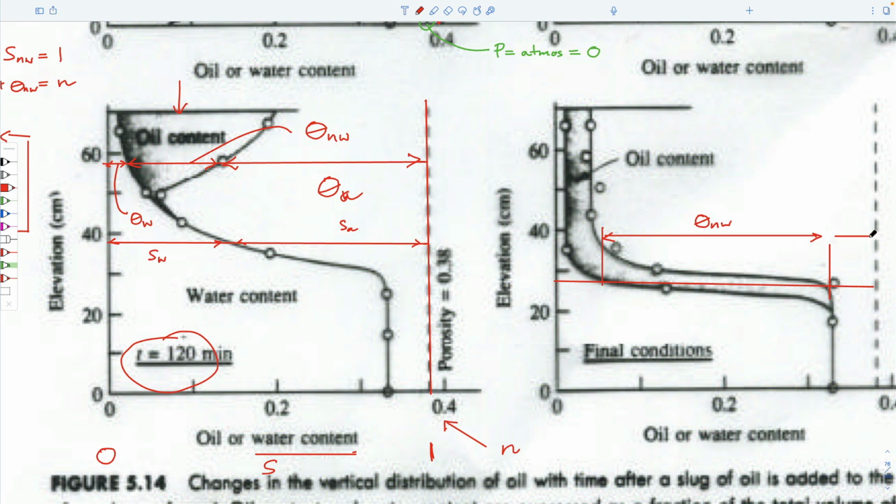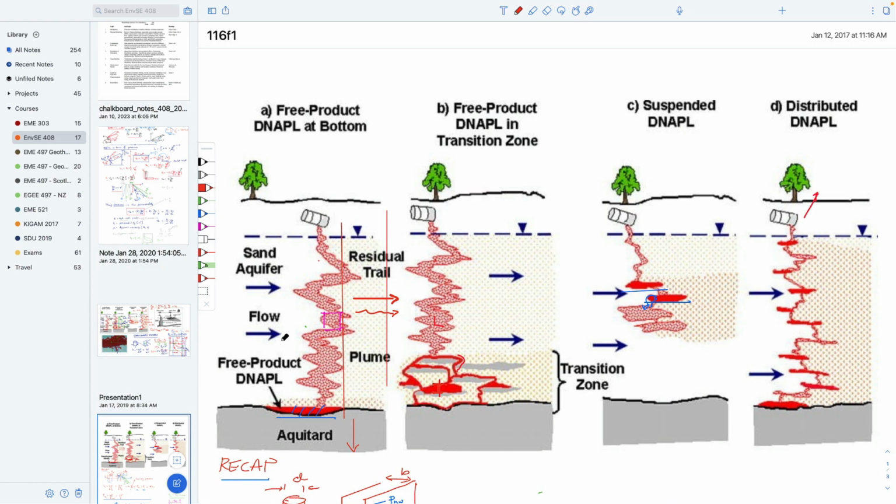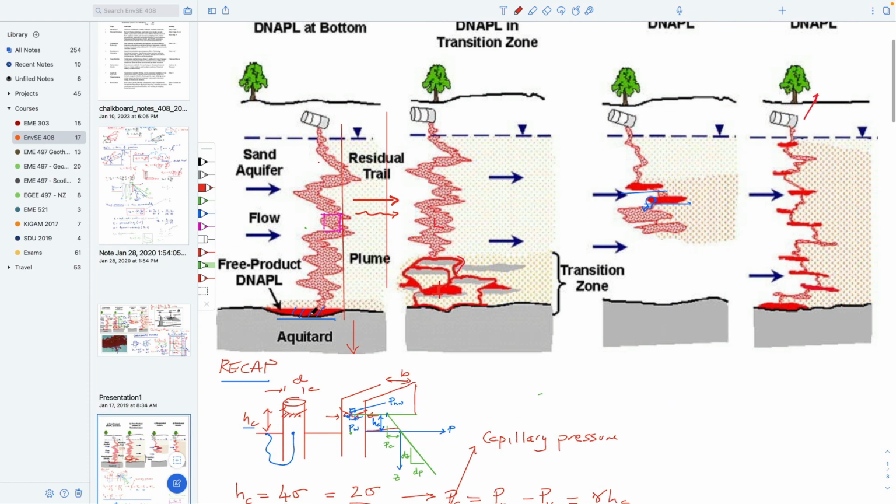This represents air. And remember, we're referring to this point here. This represents water. And it doesn't take too much of a stretch of the imagination to flick back to these cartoons and think that that's exactly what these are. So this portion here, this happens to be a DNAPL, so perhaps we go back to this one here.